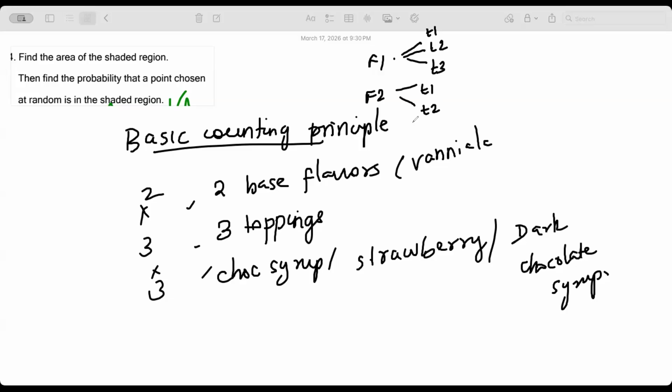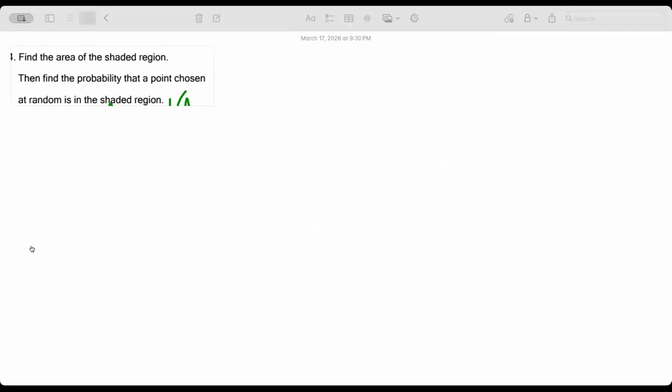And then you can use syrup 1, syrup 2, syrup 3 for each. Like that you can have 3 in each. You got it? That is the basic fundamental counting principle.